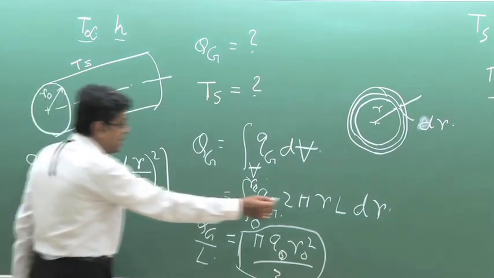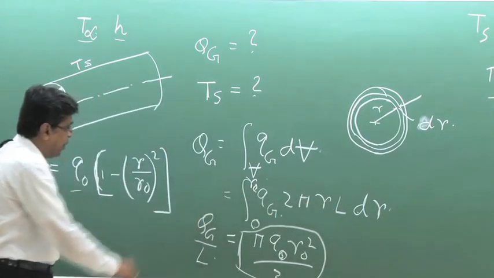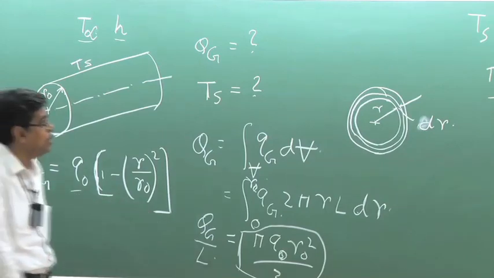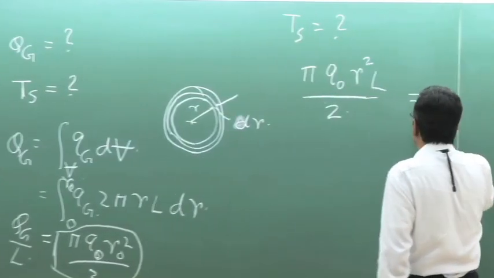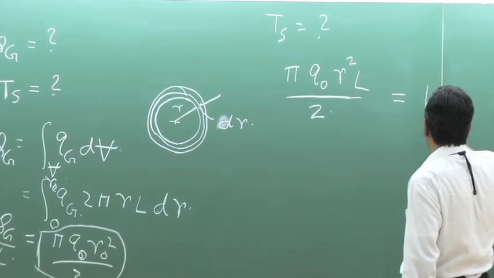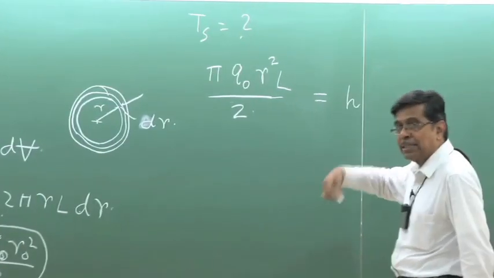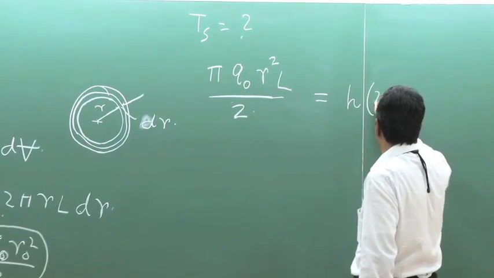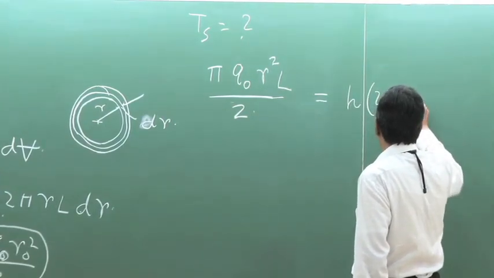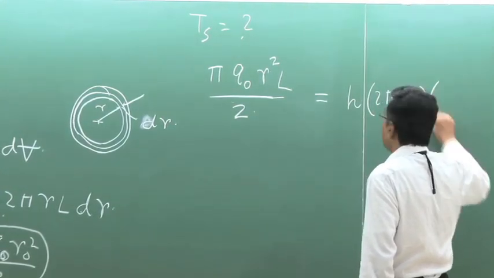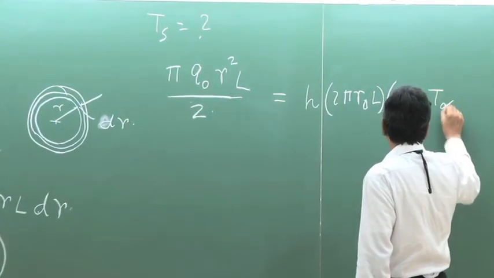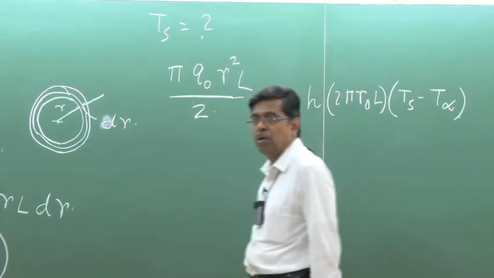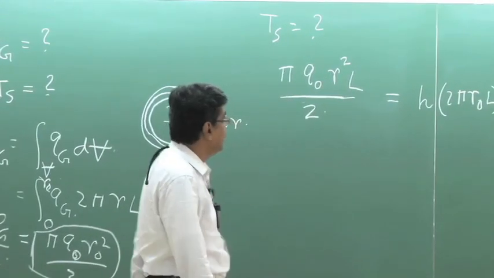So L will come out, so Qg by L, the total Qg, must be equal to h into the outer surface area, which will be 2 pi r0 into L into (Ts minus T infinity). So therefore, from here we get Ts.